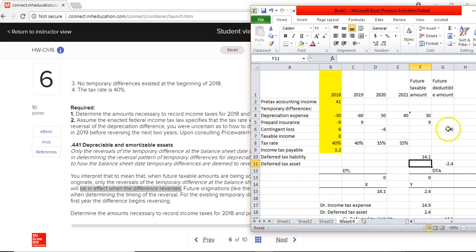And then for future deductible amounts, the 6 applies to 35%. Okay, so the tax rate should be changed to 35%.